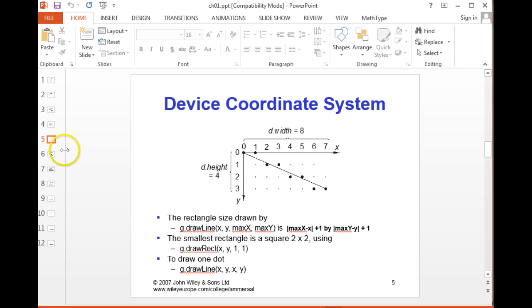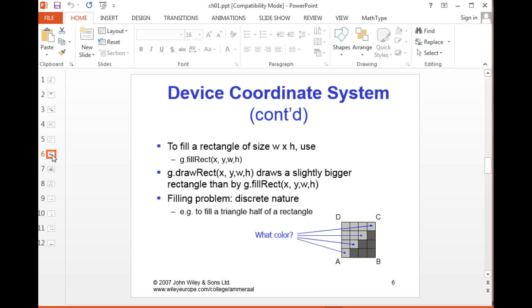Okay, that's pretty straightforward, I think. To fill a rectangle of size w cross h, we use fillRect, and that actually does fill a rectangle with this width and this height. DrawRect, as we saw, draws a slightly bigger rectangle.